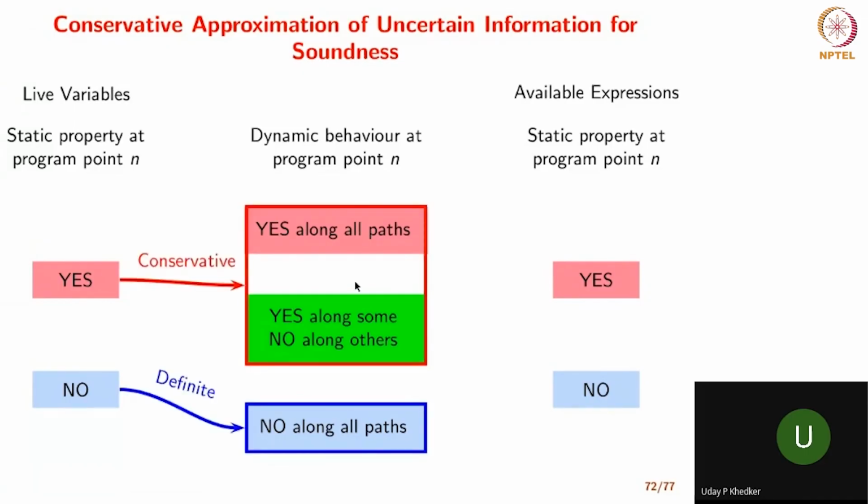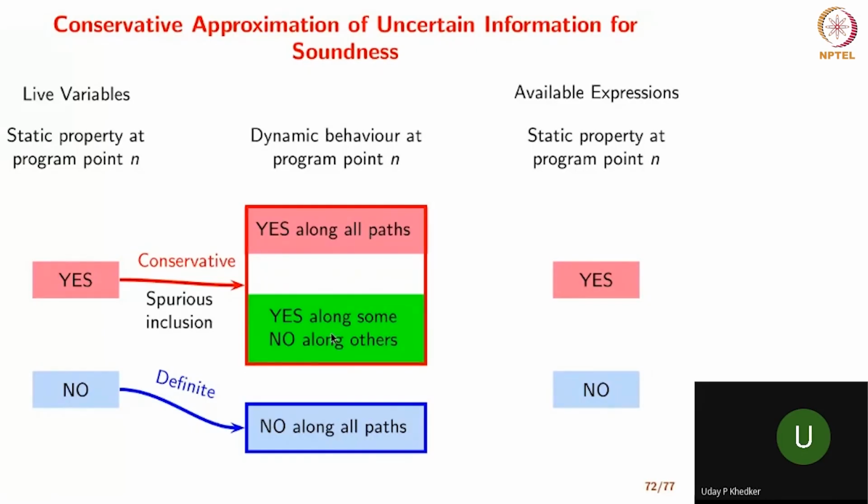So it turns out that for live variables analysis, spurious exclusion gives us a conservative value. We say a variable is live if it is live along some path.